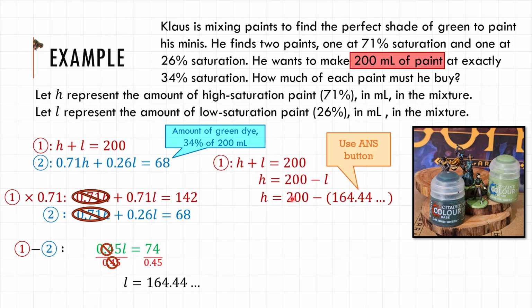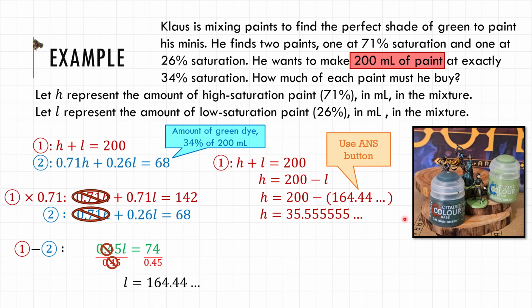Now if you type in 200 minus answer, it will take that exact number that was given to you before and subtract it from 200. Your calculator may even show you 10 digits. There are more than 10 digits in this number, and it is storing all of those digits in its memory. And it's going to use all of them in this calculation. So we do end up with 35.555555, and again, there are many, many more digits here.